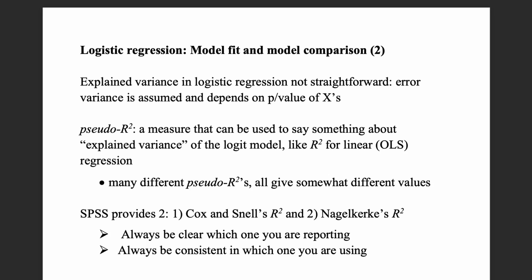They all have very specific benefits and drawbacks, which you really don't need to worry about. What is important, I think, is that if you're reporting pseudo R-square values, be clear which one you are reporting. If you're using Nagelkerke's R-square, great, but then tell your reader that you are using Nagelkerke's R-square, and then stick to that one, and don't switch between them.